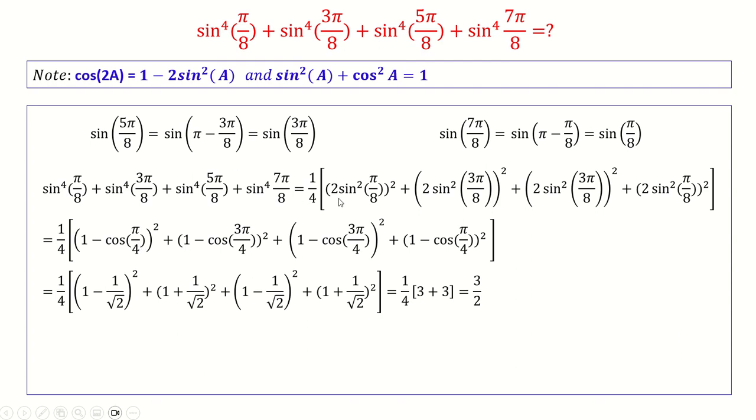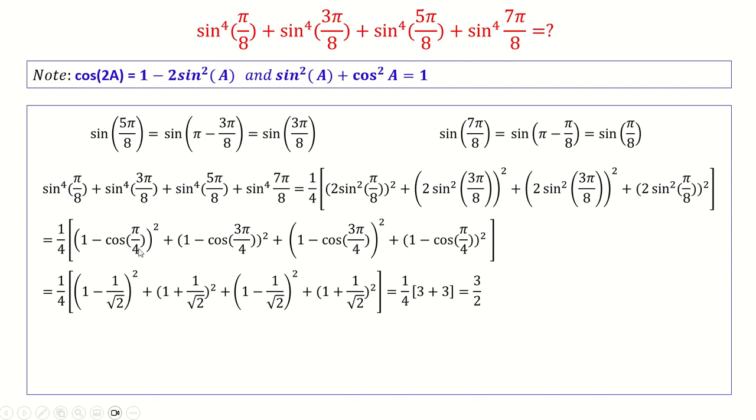Sorry, I am applying 2 sine square a equal to 1 minus cos 2a. That's what I am applying. If you readjust this equation, right? So that's what I'm applying here. So each one I am replacing with 1 minus cos 2a, right?